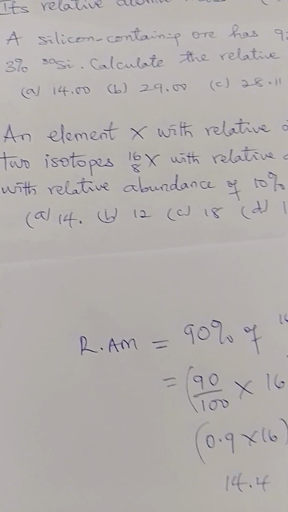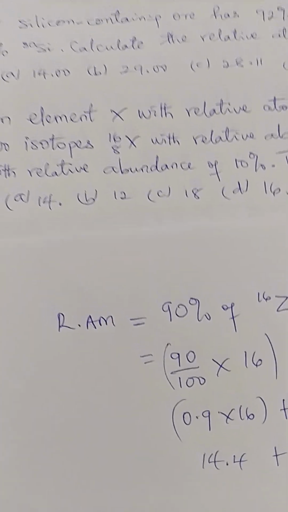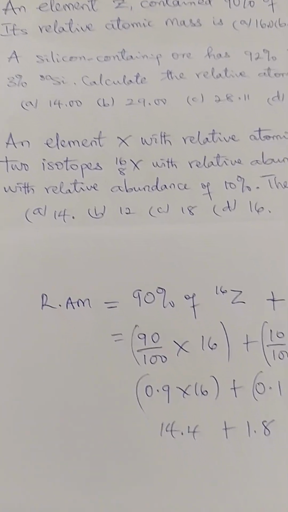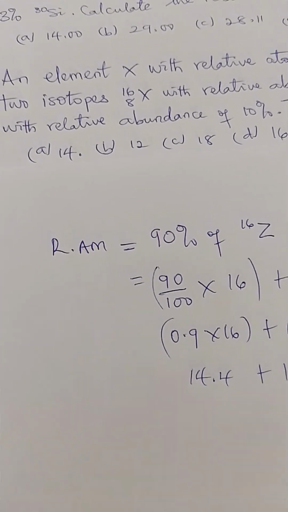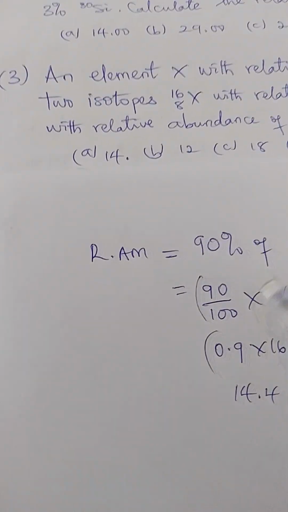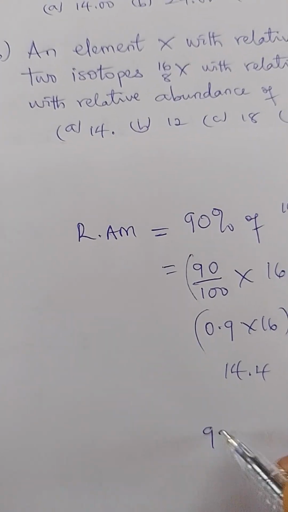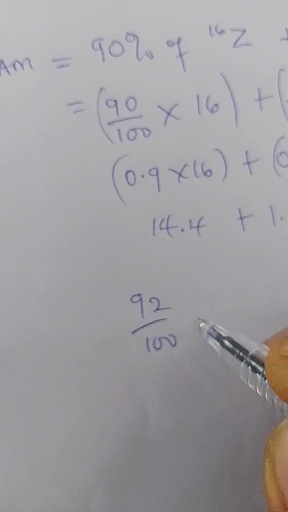Okay, so let's see how to solve that. Of course, this is another way of solving this question. You can see that we have 3 isotopes here. So using the same formula, this will be 92 over 100 times the silicon of 28.